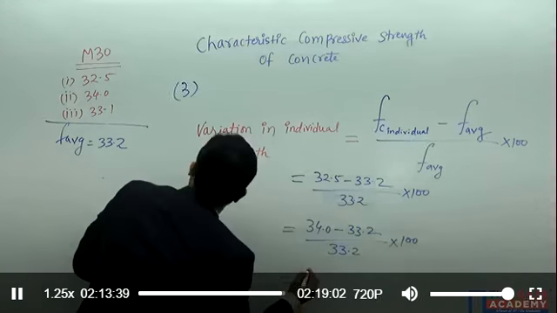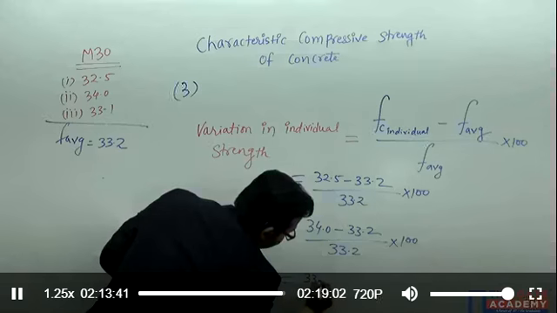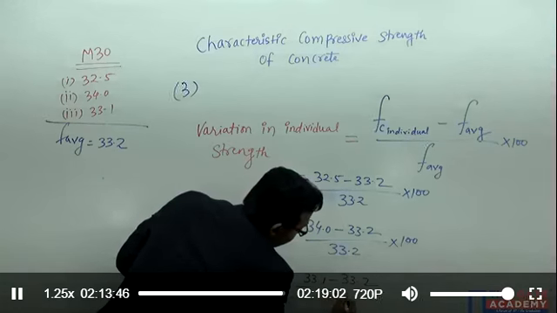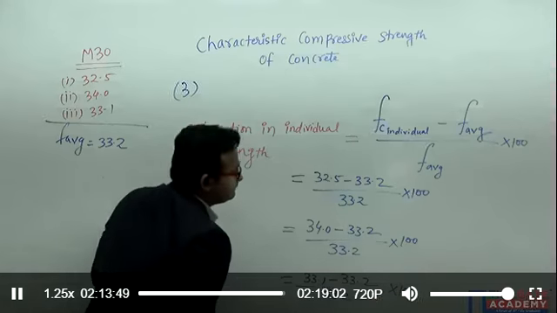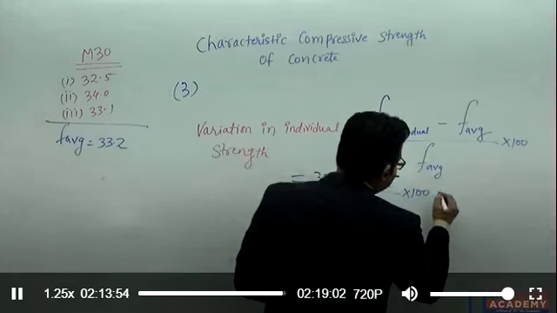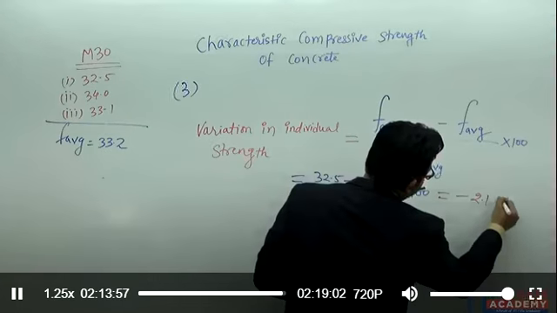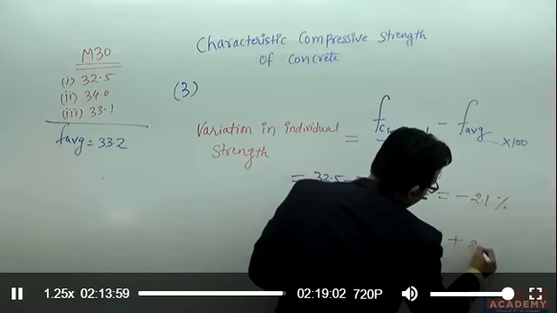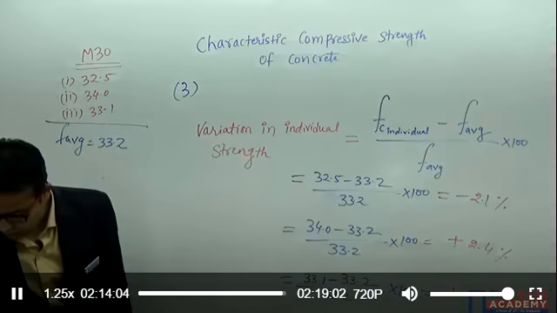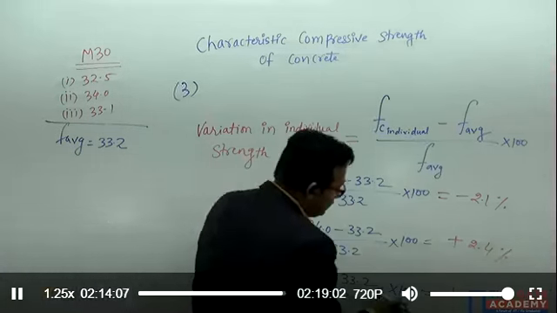For the third cube, it is 33.1 minus 33.2 divided by 33.2 into 100. So here I am getting the result negative 2.1%, here positive 2.4%, and here negative 0.3%.